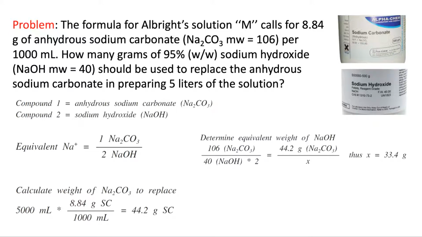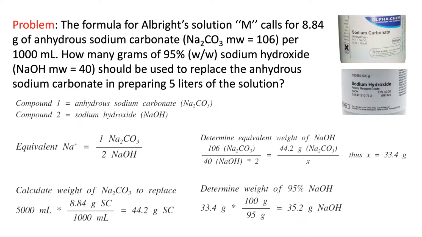So now we know the weight of the sodium hydroxide we need. The last step is to account for the fact that we are using a 95% weight per weight powder to provide it. So let's take our desired weight of pure sodium hydroxide, which is the 33.4 grams, and multiply it by the weight of the powder, expressed as, for every 100 grams of this powder, it contains 95 grams of sodium hydroxide.